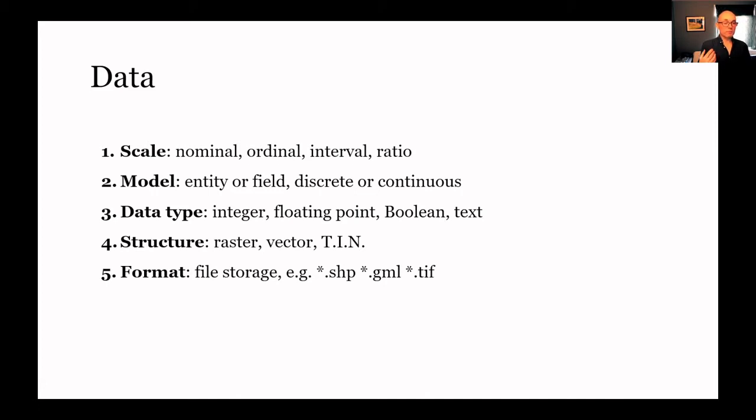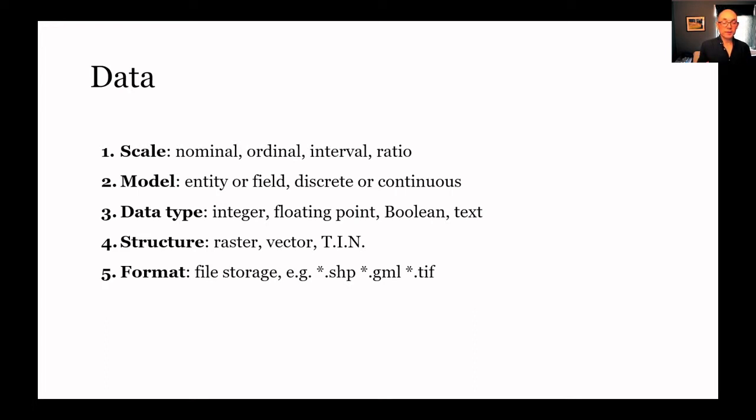And then we have this concept of model, whether our data are discrete or continuous, whether they exist in small packets or there's a continuous field, for example. The data type, this is quite often a word that gets changed with other words, but for now, let's say data type.